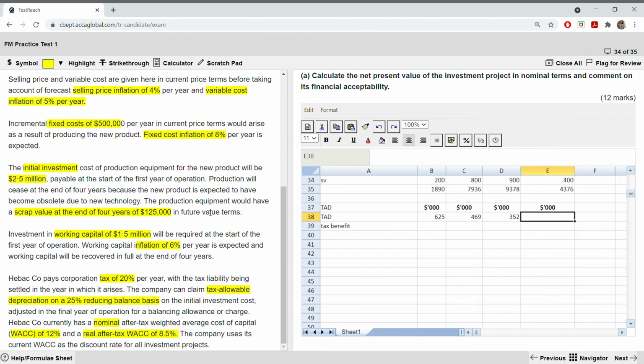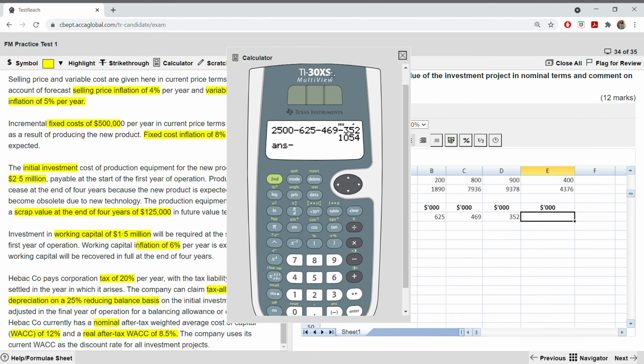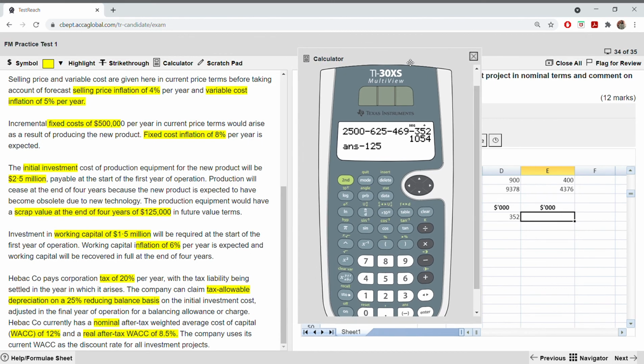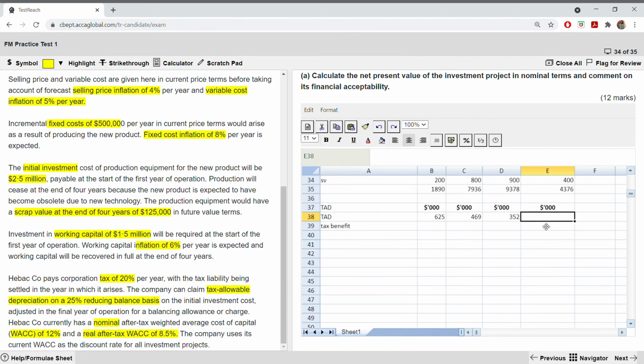The amount we were having was 1054. From here you have to minus the scrap value 125 also. Now 929. Okay, this is the value, 929.